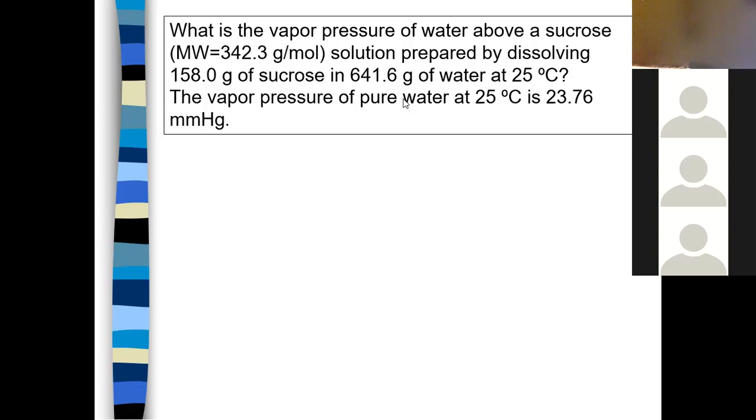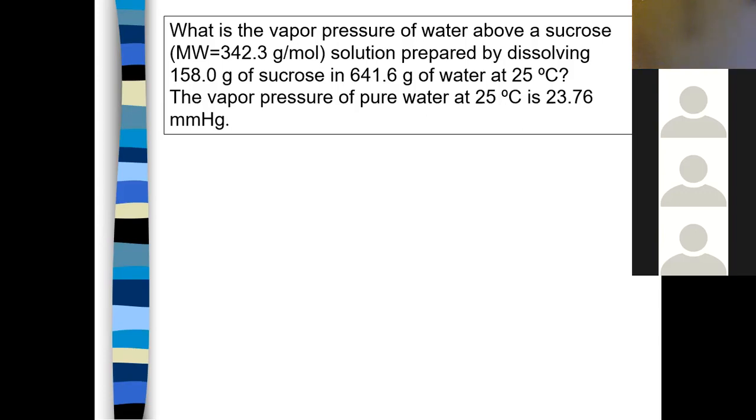Think about that. 641 grams of water is like 641 milliliters of water, about two-thirds of a liter. 158 grams of sugar is a lot of sugar, right? If you dumped that sugar in the water, stirred it up to dissolve it and tasted it, you'd say, wow, that's a pretty sweet, pretty concentrated solution, right? What's the vapor pressure above this solution? That's what we're going to calculate.